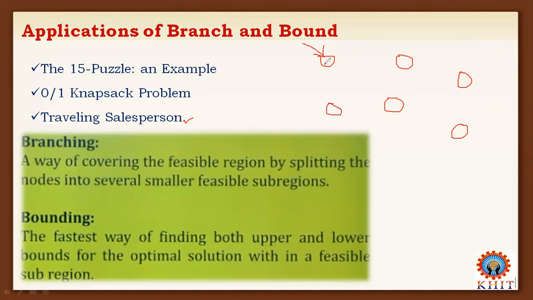The person can start from one city, and he has to visit all the remaining cities exactly once and come back to the starting city. So he has to visit all the cities exactly once and come back to the source city where he started.